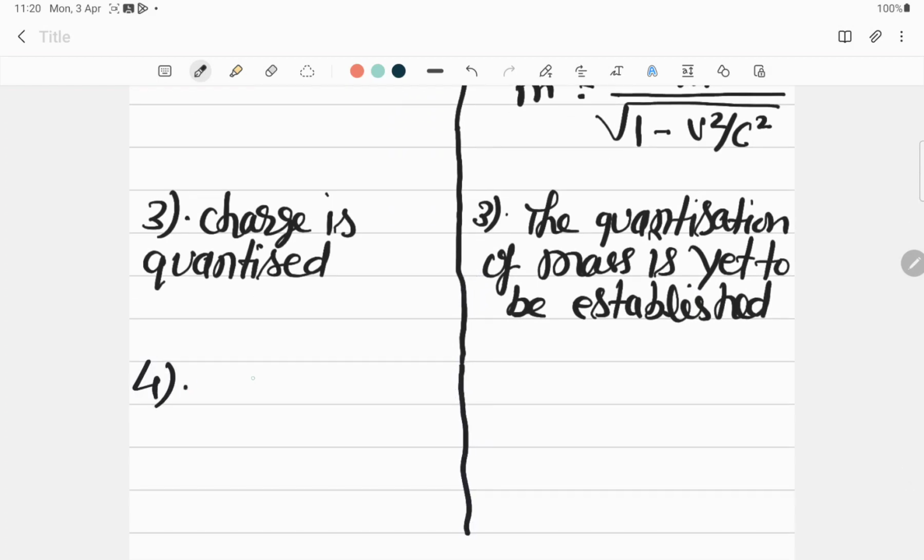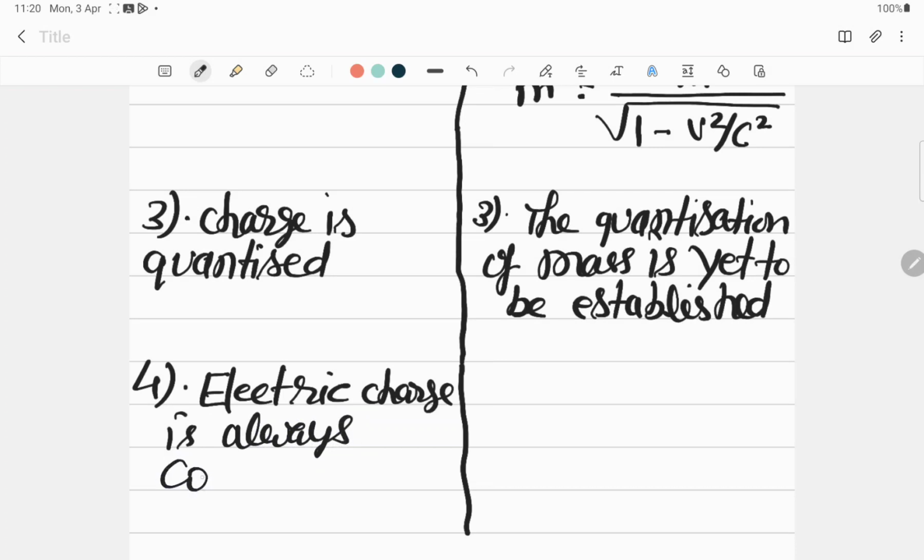Number 4. Electric charge is always conserved. Number 4.